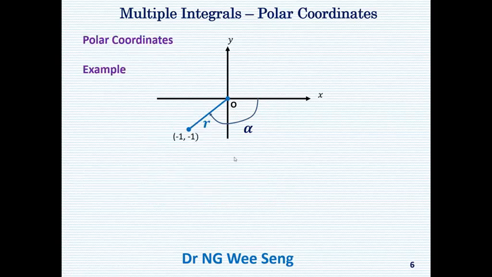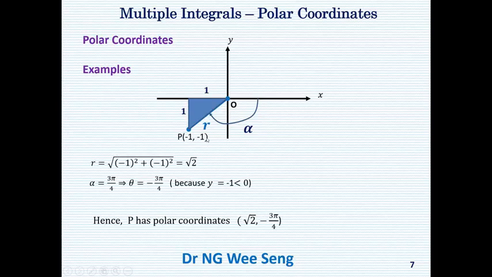A quick example, let's take the point with rectangular or Cartesian coordinates -1, -1. Our job is to convert this to r theta. Based on the definition, r is the distance from O to P. Obviously, using Pythagoras theorem, it is square root of 2. As for theta, we first compute alpha, which is the angle between the positive x-axis and the line segment OP.